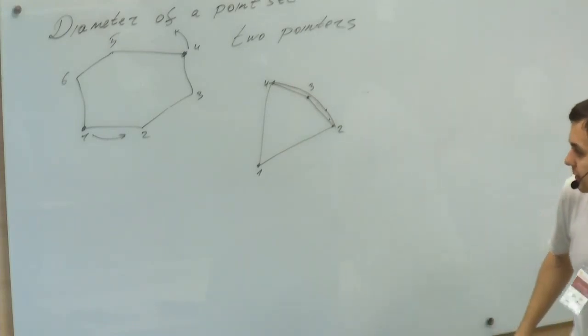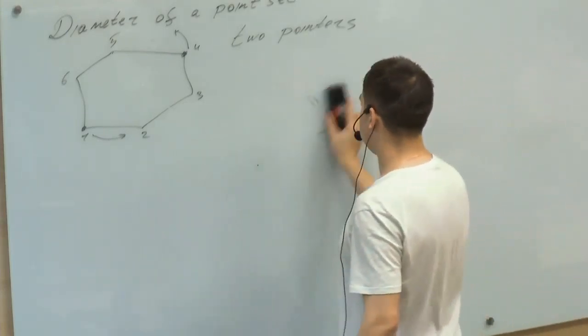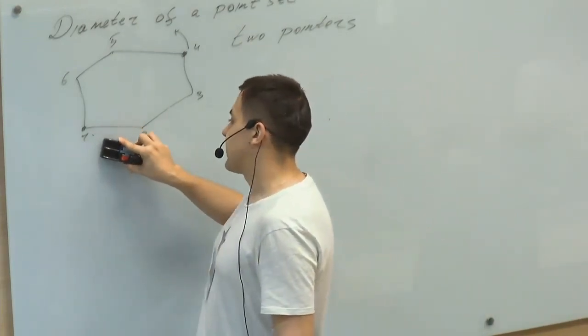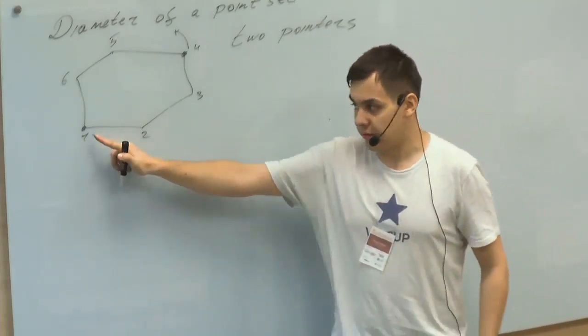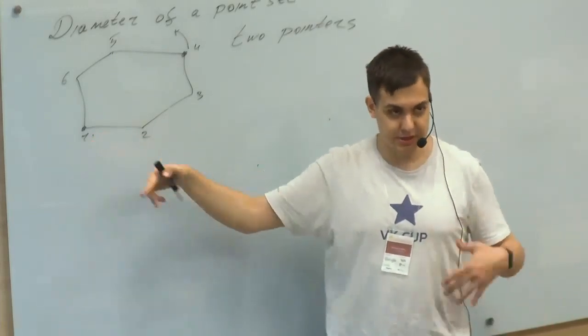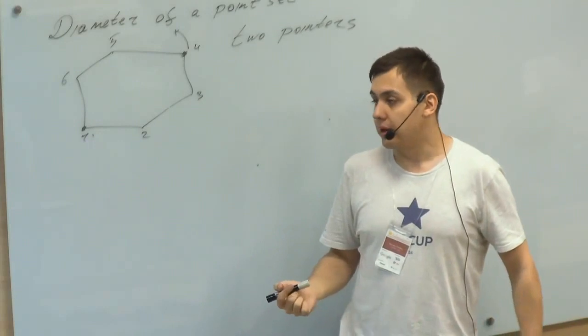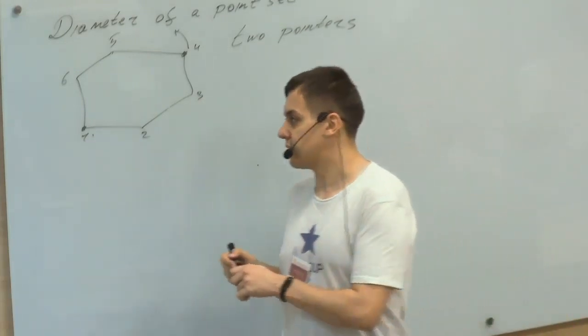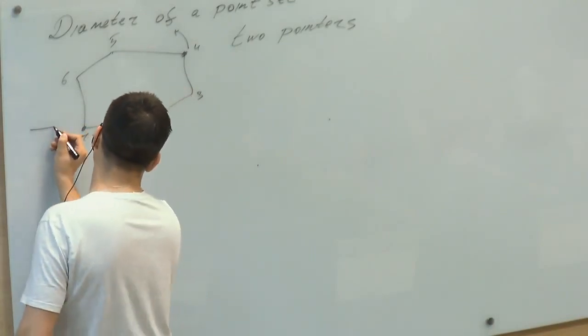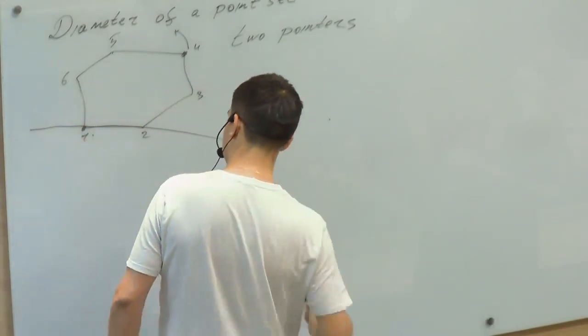The correct algorithm is as follows. Instead of trying to find the farthest point from the current point, we'll look at the lines that form our polygon instead. First of all, we'll find the farthest point from this line.